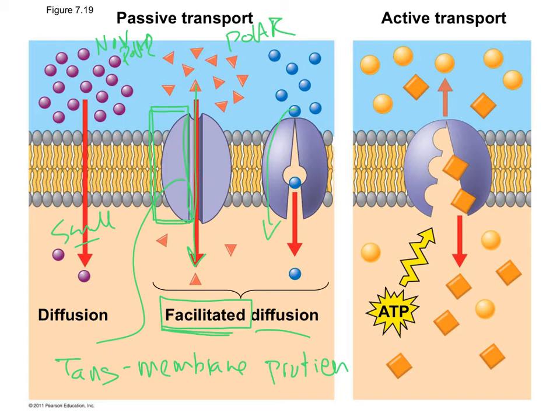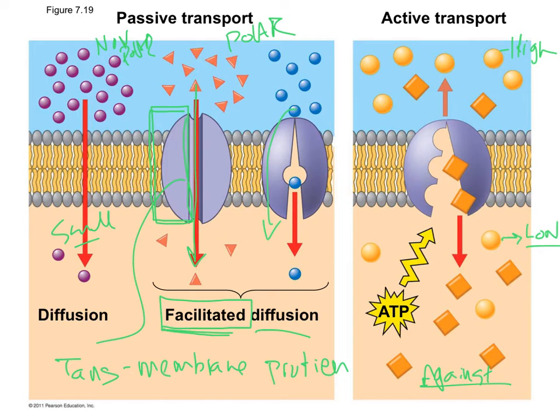It is also sometimes the case that you can move molecules from an area, so we're going to look at these little circular ones, from an area of low concentration to an area of high concentration. So this is against the concentration gradient, right?